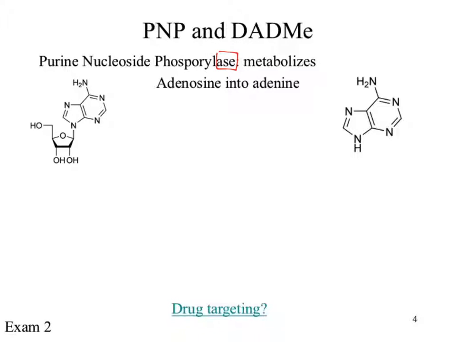Does that mean it couldn't do the opposite? No, it could very well do the opposite. What happens when we take that same enzyme and put it into a biological system? It could very well do the opposite reaction. So we have to be careful that the name just gets us some information about the type of reaction, but it's not telling us the direction necessarily.